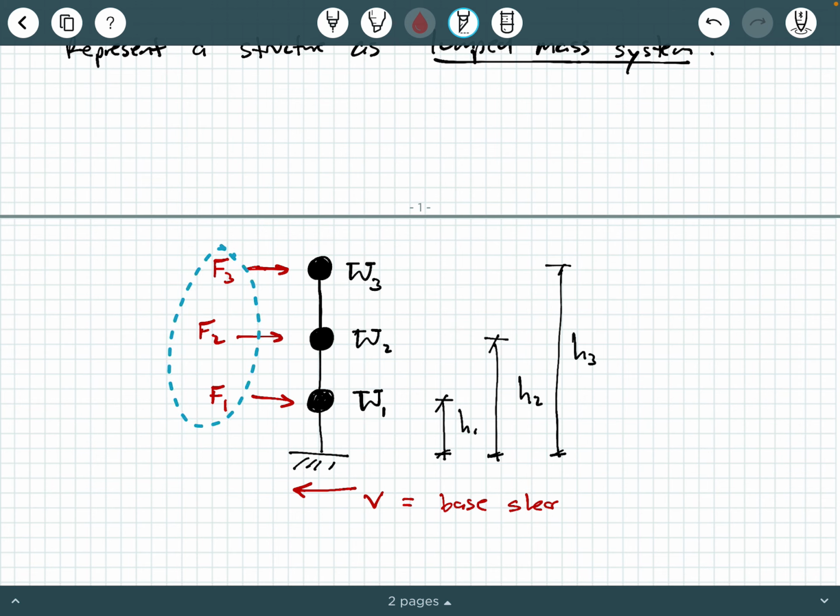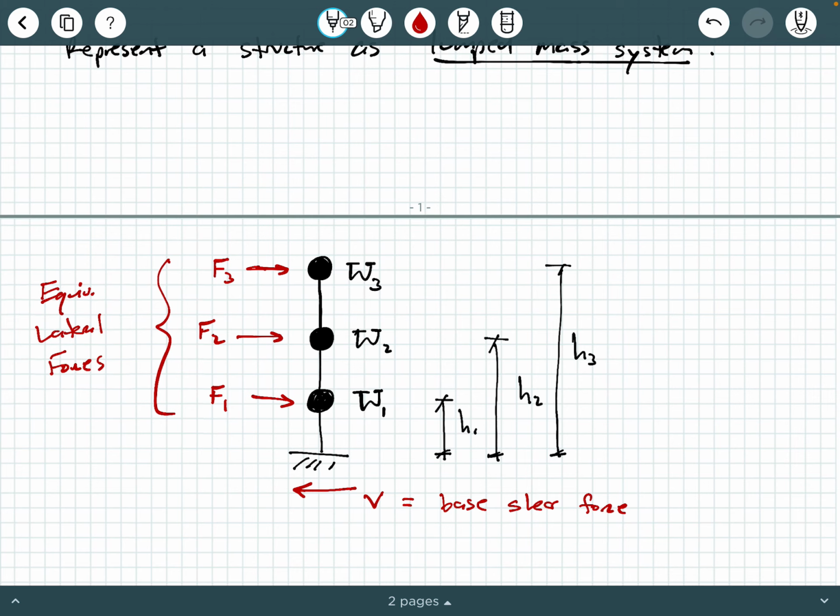That's why we call this the equivalent lateral force method. We end up developing these equivalent lateral forces acting at the story heights along with a base shear force. So this is the base shear force, and then these three right here are the equivalent lateral forces at the story levels.